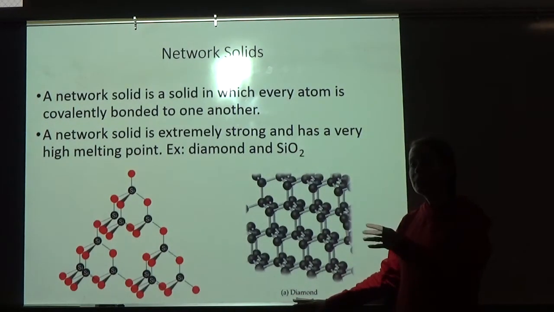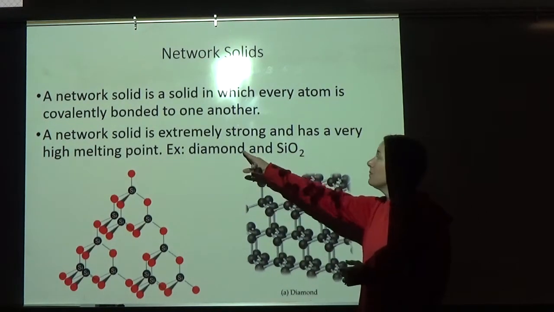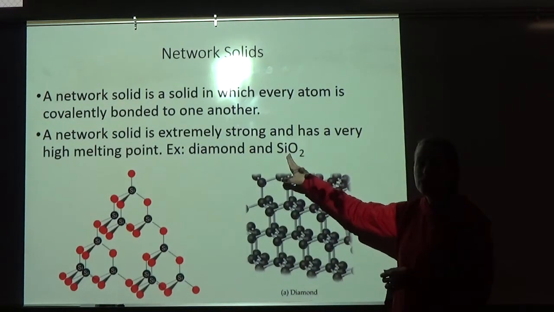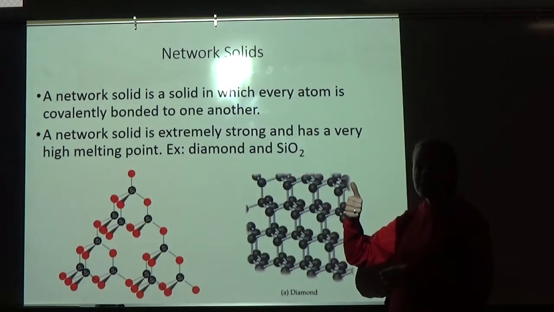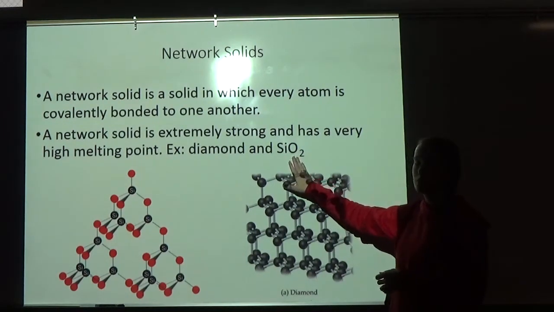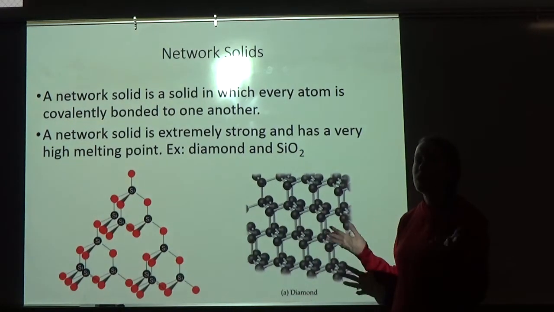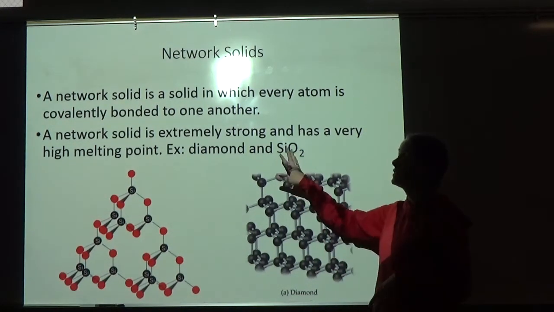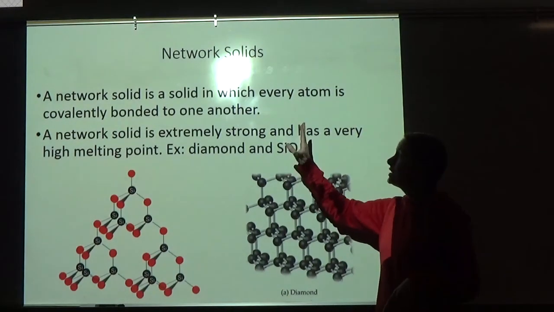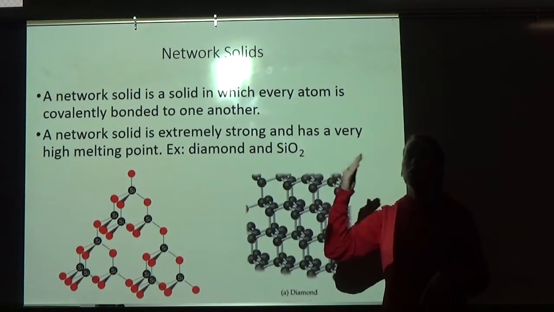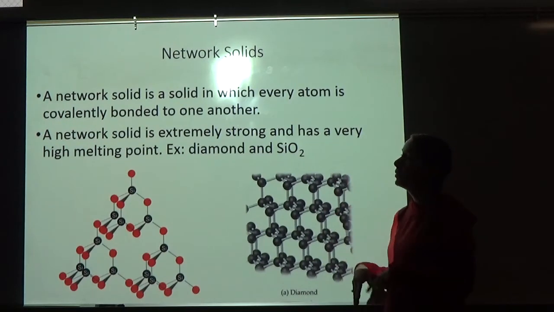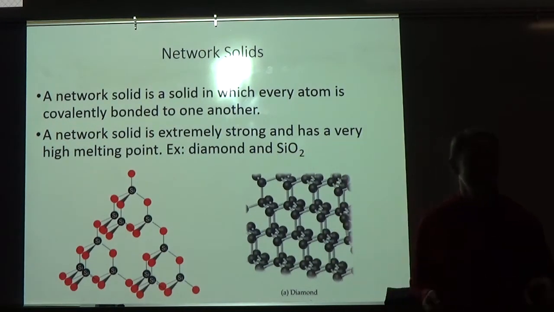So if you're putting things in order of boiling point and diamond or SiO2 is on there, those always have the highest, because in order to melt or boil them, you are breaking covalent bonds. You are not breaking intermolecular forces. You are breaking strong covalent bonds. So diamond and SiO2 will always be at the top of the boiling point or melting point list.